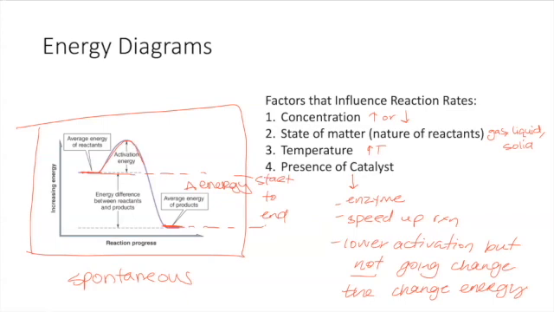When we talk about the energy difference, we're talking about solely where did we start and where did we end. And so bringing this all to the idea of an enzyme or a catalyst, the presence of a catalyst is going to lower the activation energy. It's going to make this hump lower, but it's not going to change where the reaction starts and stops.